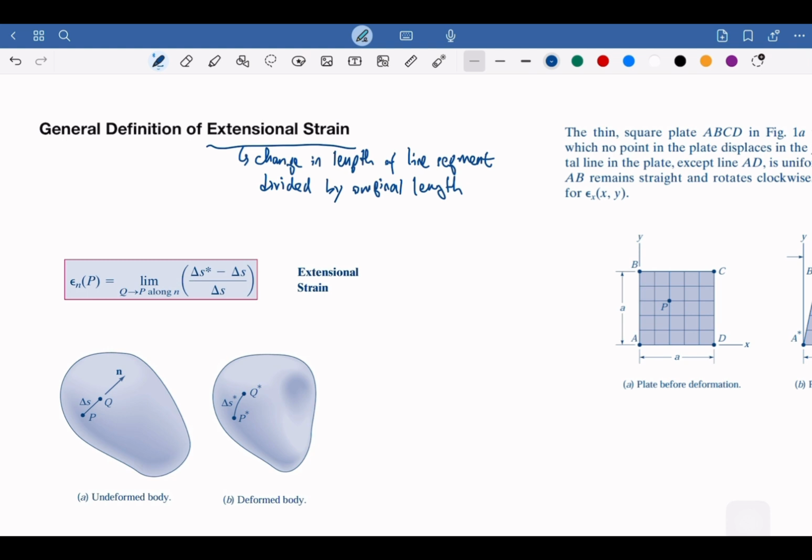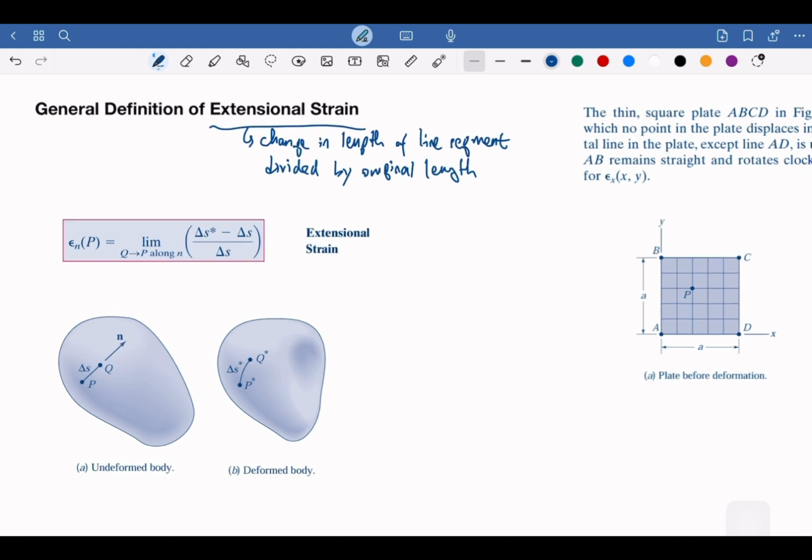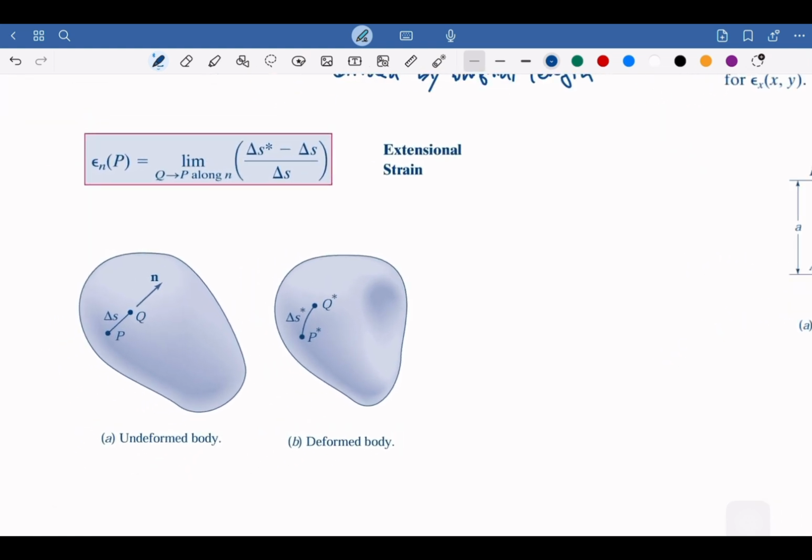If we write this in terms of illustrations, we can illustrate the original, undeformed body as the left part, and we are going to have the direction n.